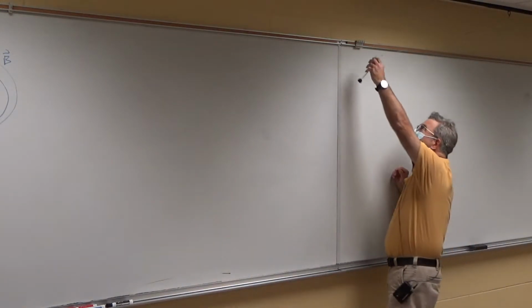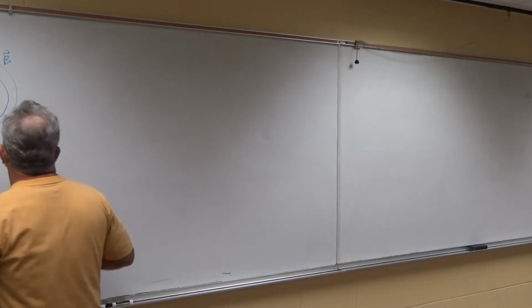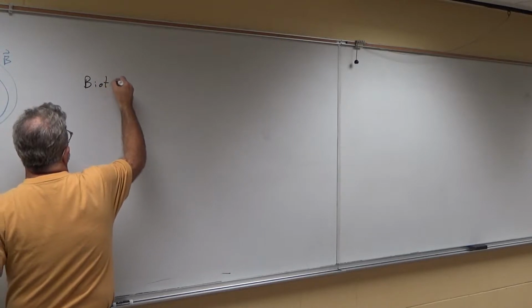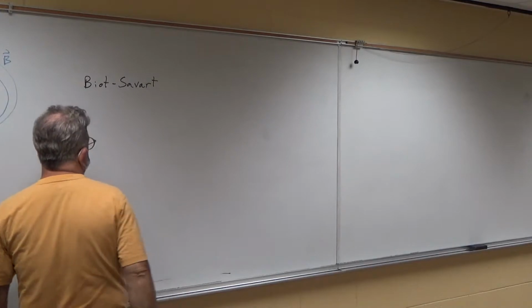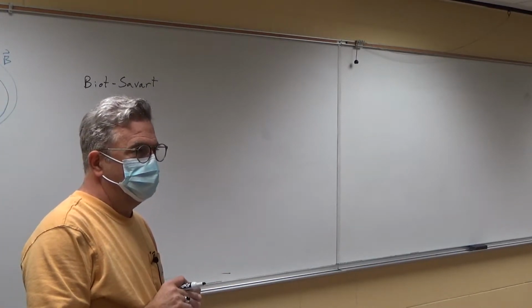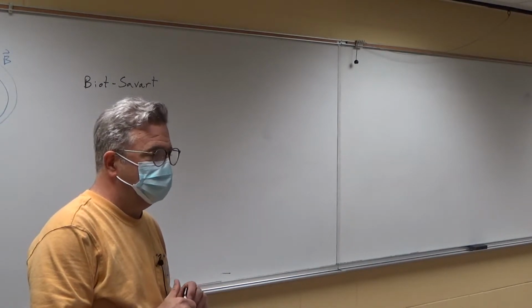So we can calculate the magnetic field due to a current using the Biot-Savart law. Two French physicists, natural scientists, whatever they were, discovered how to calculate it.